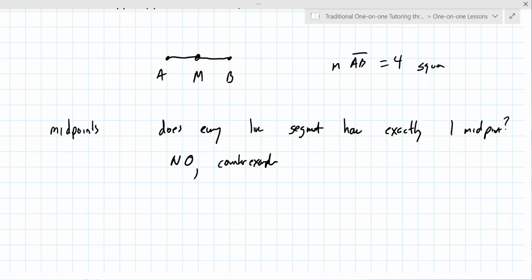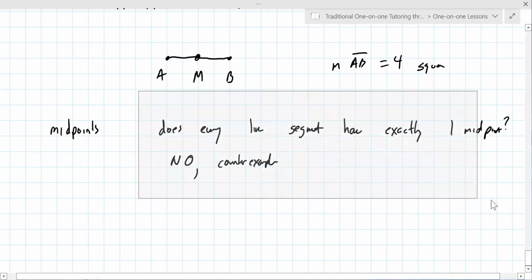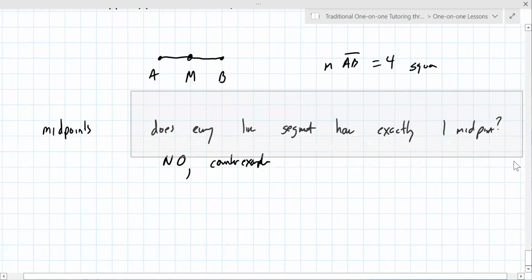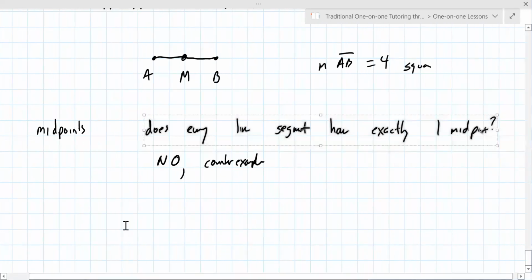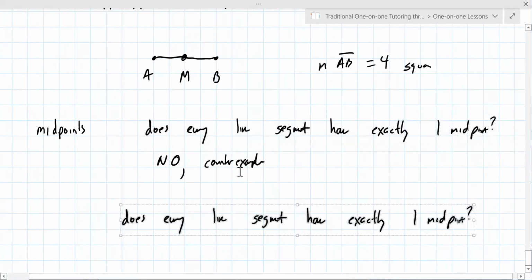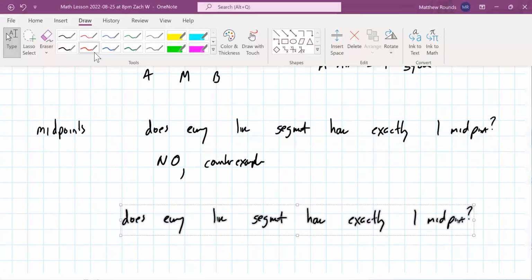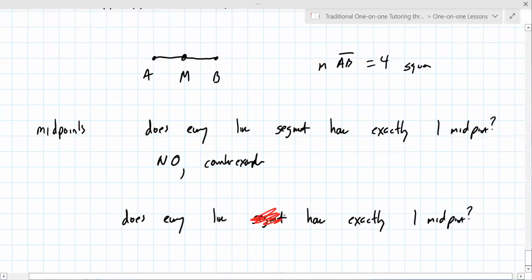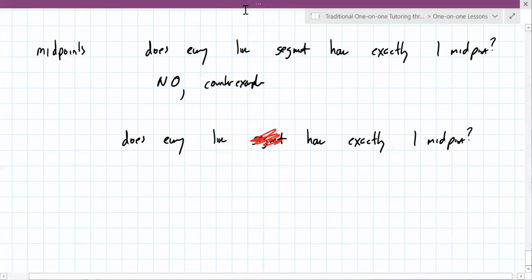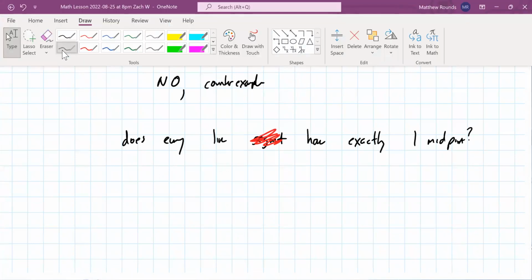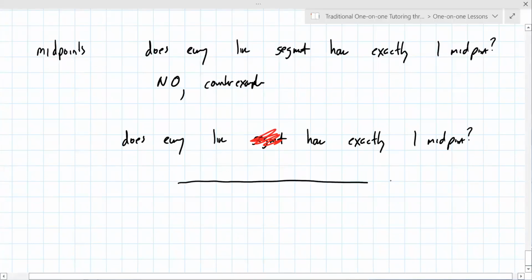Is that applied for just line segments or lines? Yes. Because if I ask you the same question now, but I change it to a line, does every line have exactly one midpoint? I guess you wouldn't know because it goes on forever, right? That's exactly right.